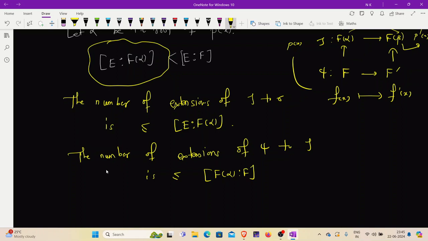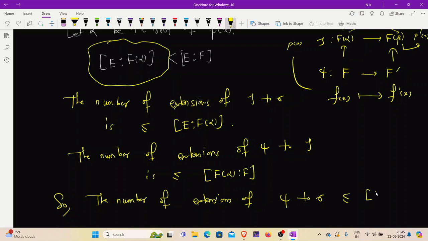So finally, what is the total number of extensions of psi to sigma? You can easily find it. The total number of extensions of psi to sigma is less than or equal to the product of psi to tau and tau to sigma.